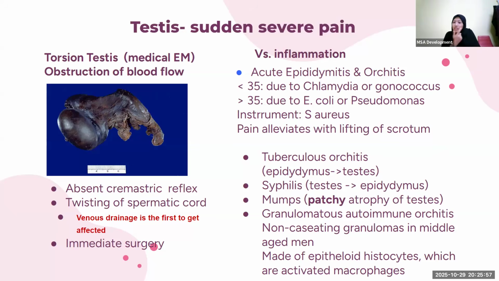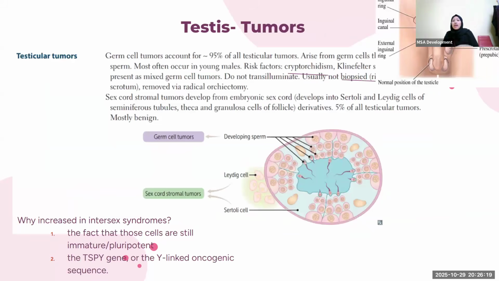With mumps, you will also have swelling of the parotid glands in young children, and it's a viral infection. And then the other one is granulomatous, autoimmune, all under inflammation. These are non-caseating granulomas that can happen in middle-aged men. Again, it can be due to inflammation, macrophages accumulating, and it's autoimmune. There is no real reason.